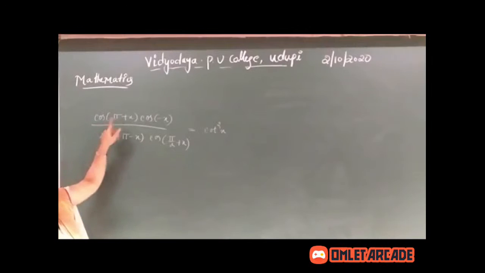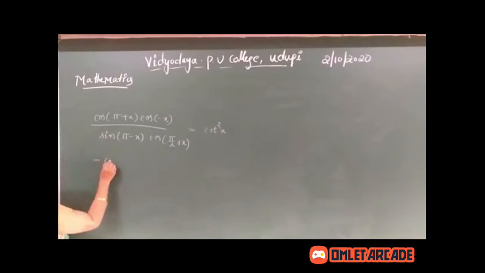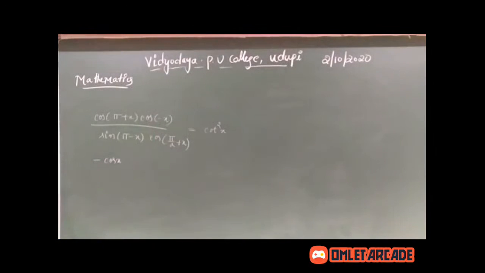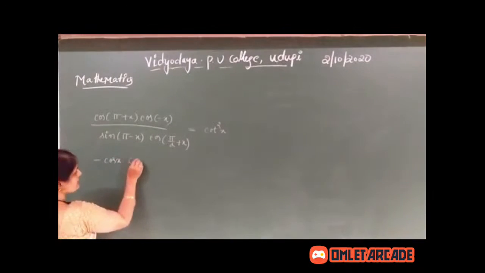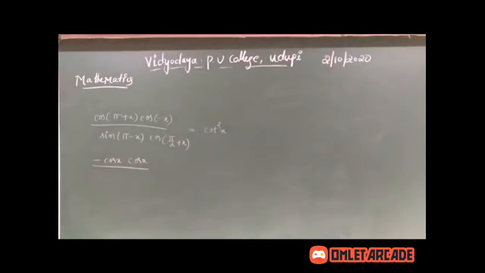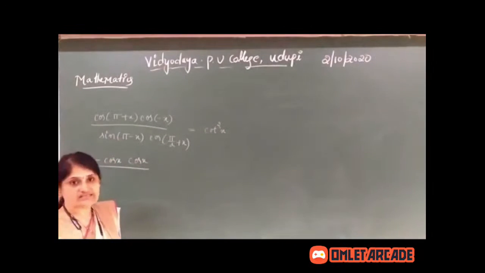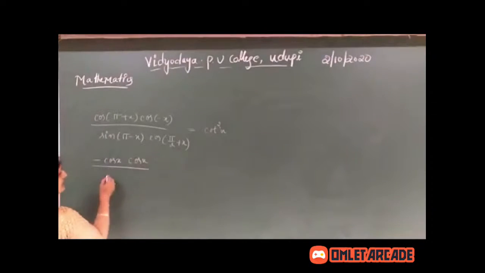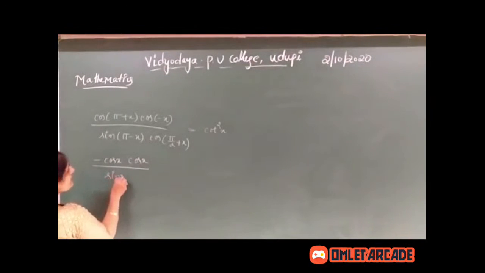Now cos of 180 plus x lies in the third quadrant. Cos is negative and it becomes minus cos x. And cos of minus x in the fourth quadrant, cos is positive, so it can be written as cos x. Divided by sin of pi minus x, which means it comes in the second quadrant. So this is on the x-axis, sin is sin, so it is sin x.